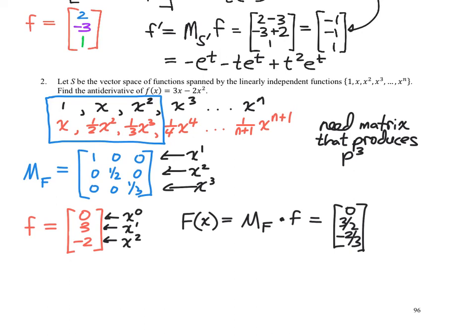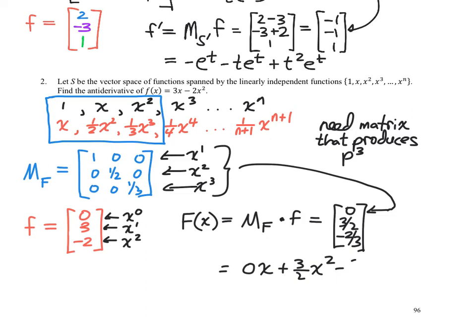All right, so again, it's mapping into order 3, so this should now correspond with that particular convention. So 0x plus 3/2 x squared minus 2/3 x cubed.